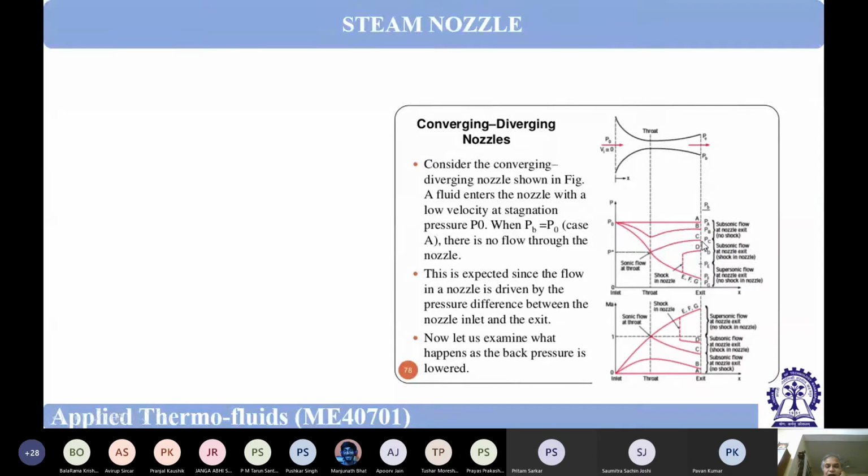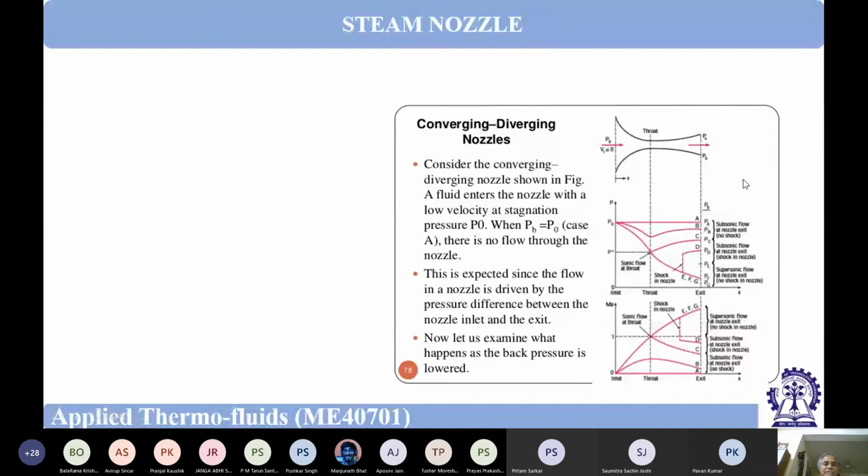Now I have the design back pressure over here, but somewhere in between I am operating. Then what will happen? Up to this, it will be supersonic, but my back pressure does not support supersonic flow till the end of the nozzle.